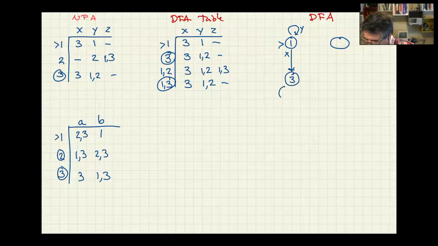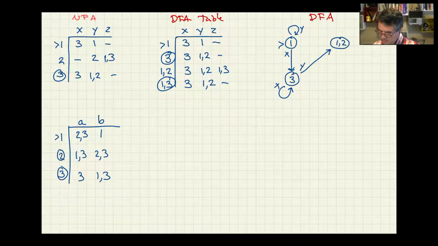3 on an X goes to itself. 3 on a Y goes to 1, 2. 1, 2 on an X goes back to 3. 1, 2 on a Y goes to itself.